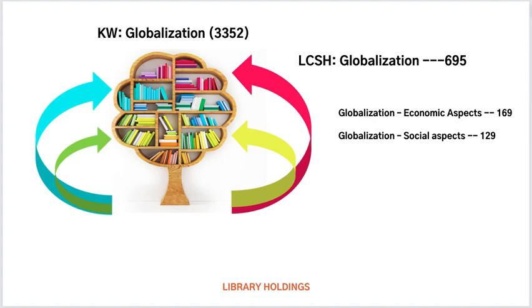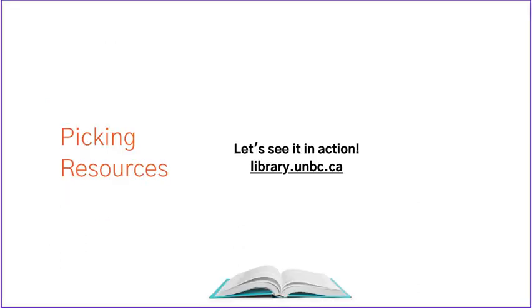This is why finding those subject headings is really important, because if I search using the subject heading, I narrow the focus of the books I retrieve to 695. But I can also narrow it even further by looking at economic aspects associated with globalization, which will narrow it down to 169, or social aspects associated with globalization, which will narrow it down to 129 titles. Well, let's see this in action.